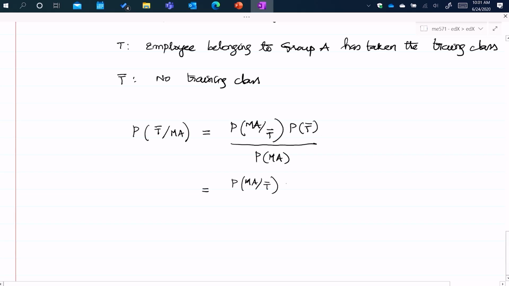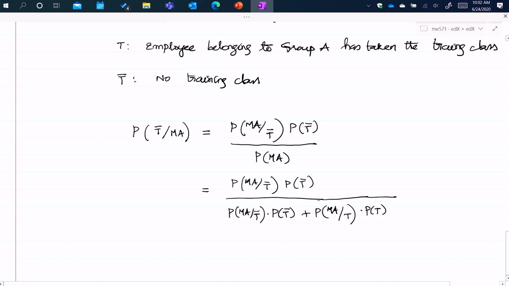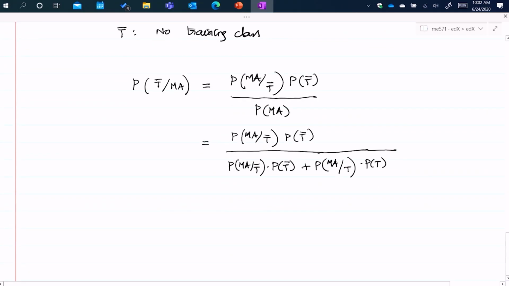So we can write the denominator as probability of MA given no training times probability of no training, plus probability of MA given training times probability of training. These are two disjoint possibilities, and together they give the probability of a mistake by any member of group A.